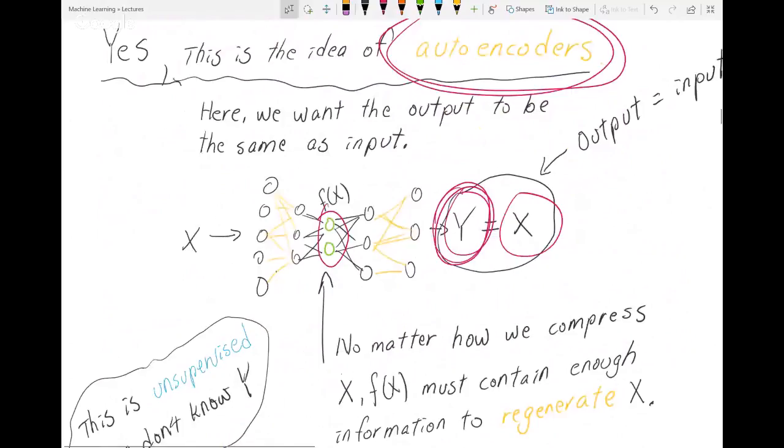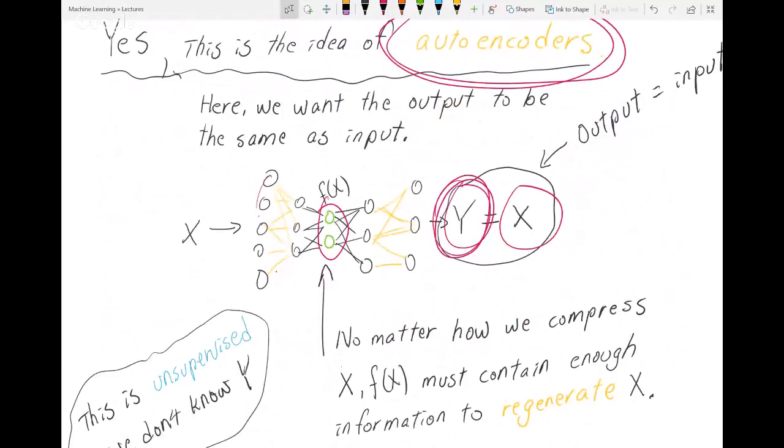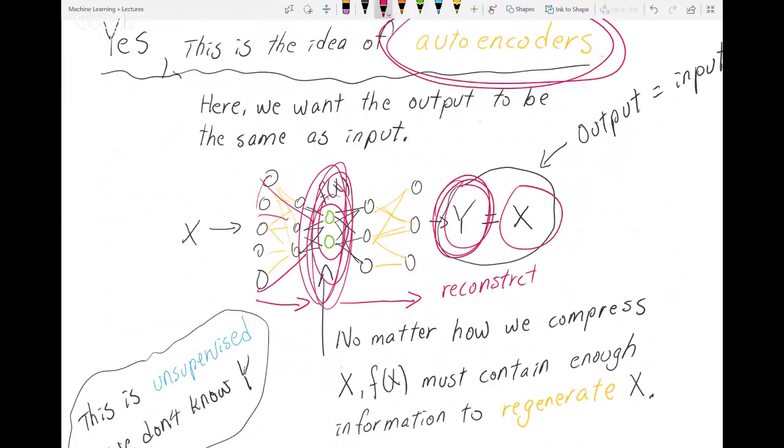So you can think about it: no matter how you compress the data when you go this way, the information included here must be sufficient so that you can construct the same data, because we set y equal to x, right?